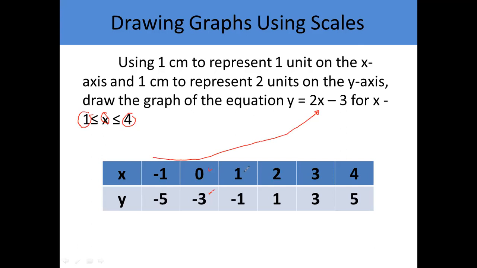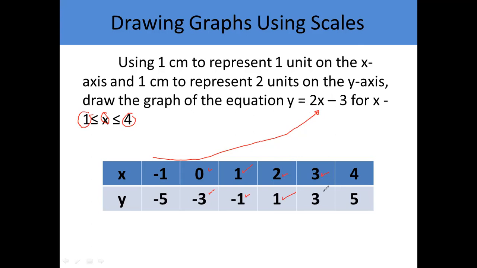When your x is 1, 2 times 1 is 2, minus 3, we get -1. When your x is 2, 2 times 2 is 4, minus 3 is 1. So when x is 2, y is 1. When your x is 3, 2 times 3 is 6, minus 3 is 3.